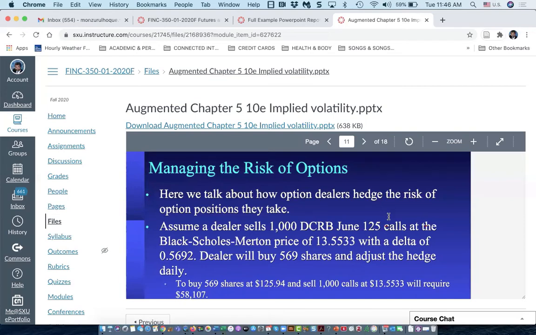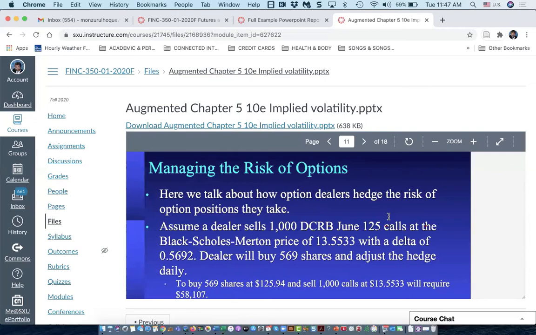Up. It will go up, right? By how much? 0.5. 50 cents, right? That's what delta means. Same thing, if the stock goes down by $1, the option price will go down by 50 cents.